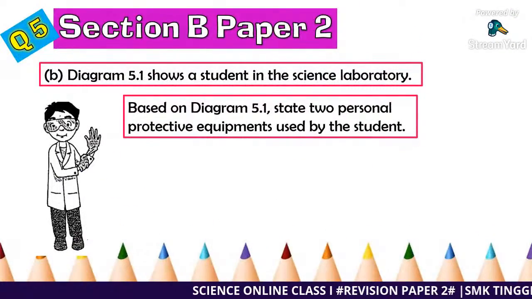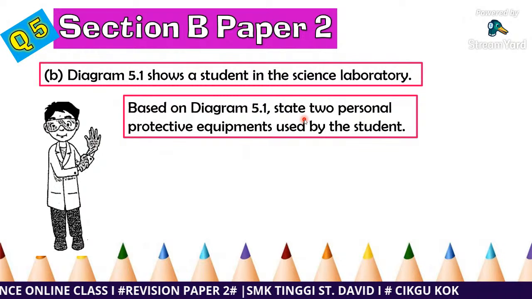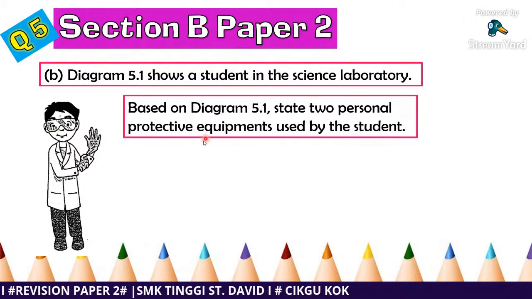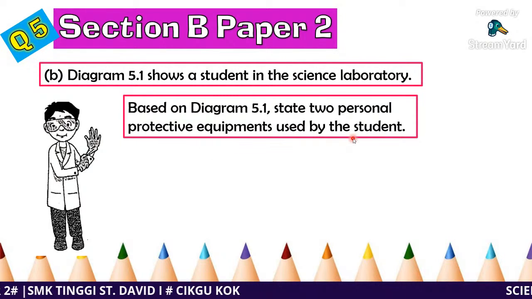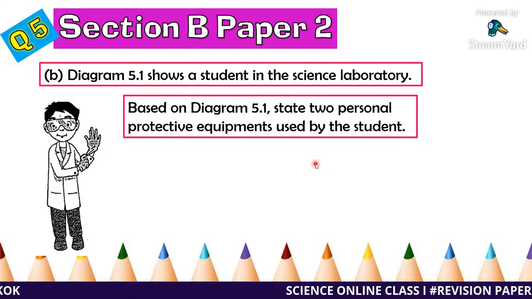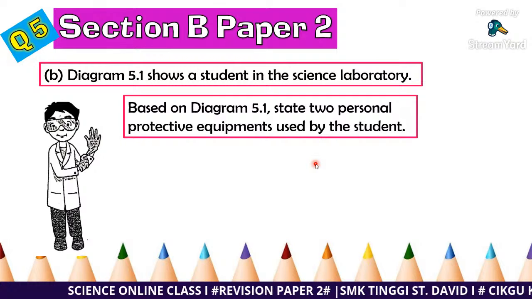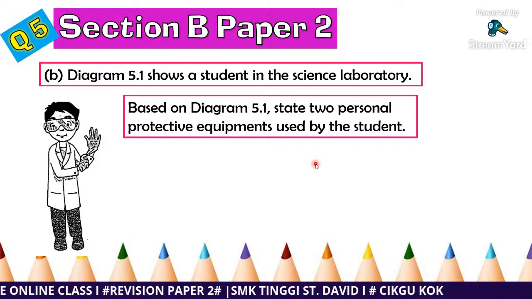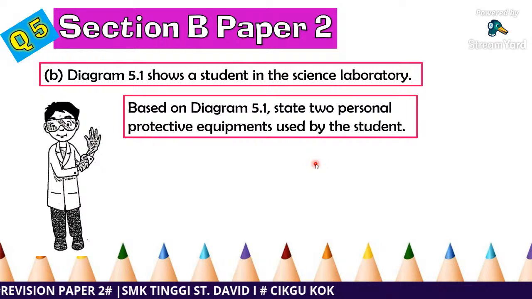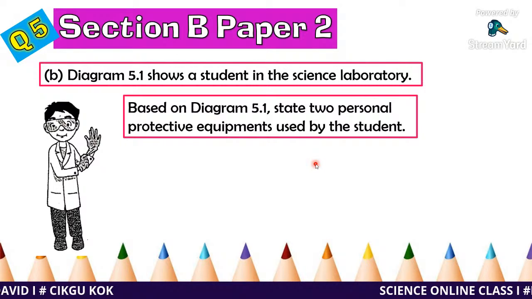Diagram 5.1 shows the student in the science lab. Based on 5.1, state 2 personal protective equipment used by the student. So you just type there, you give me any 2 of the equipment for this student to wear. Refer to the diagram only, just type what protective equipment the student wears.